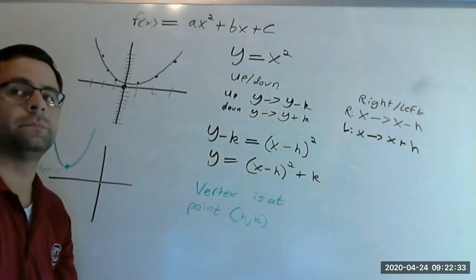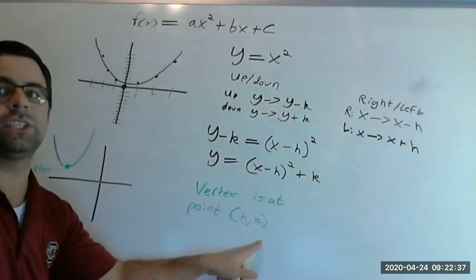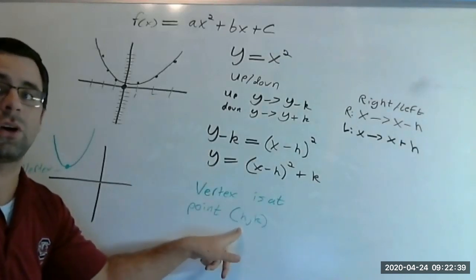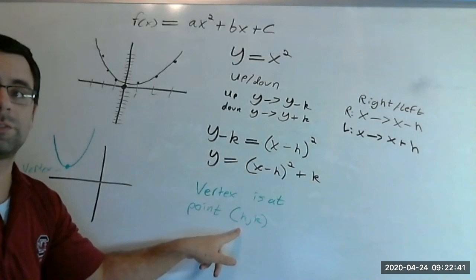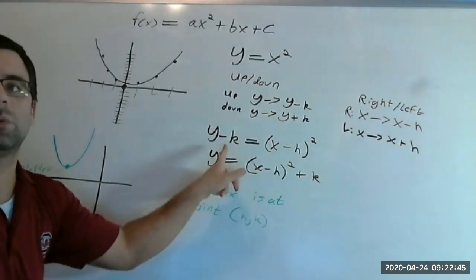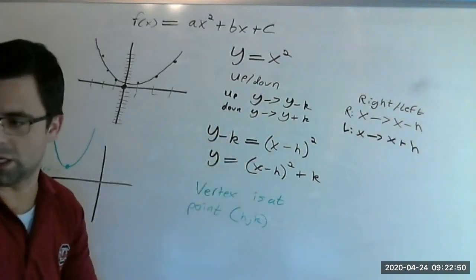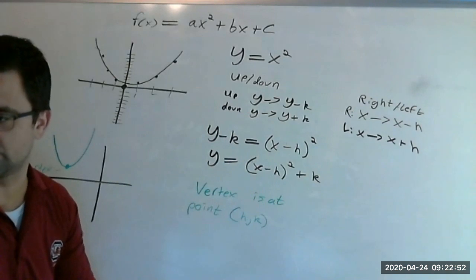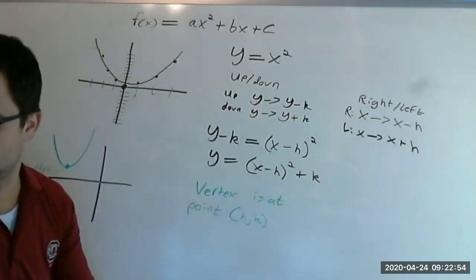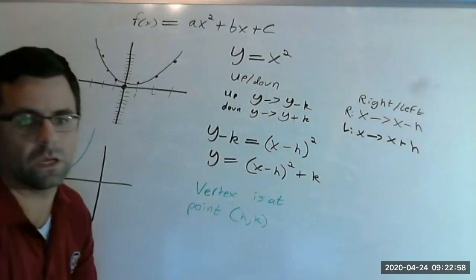So the vertex is at the point (h, k), where h is how far x moved, and k is how far y moved. So this is, like we said, the vertex form of this standard form equation.